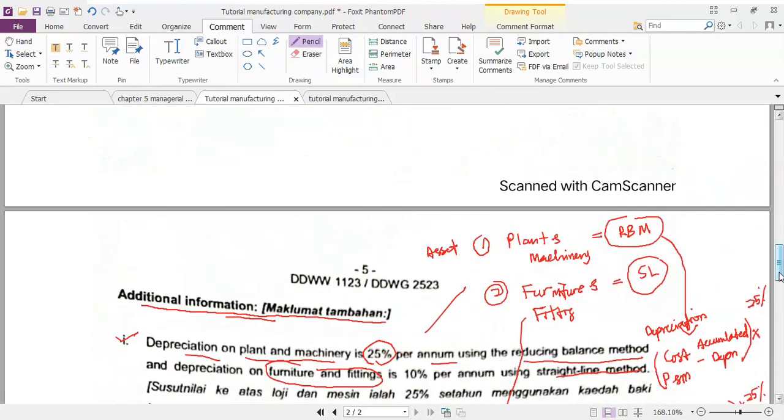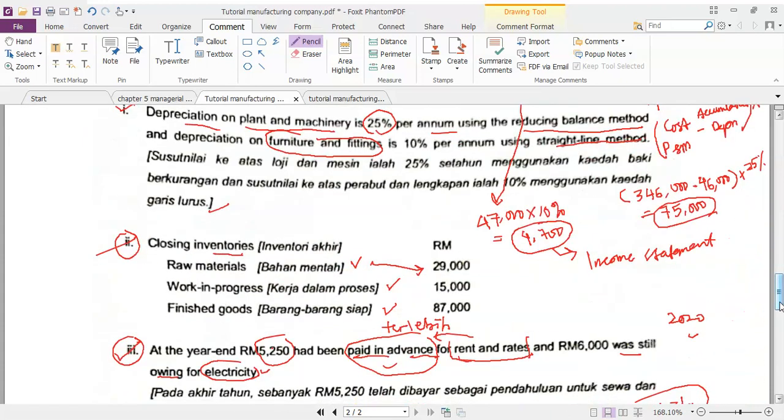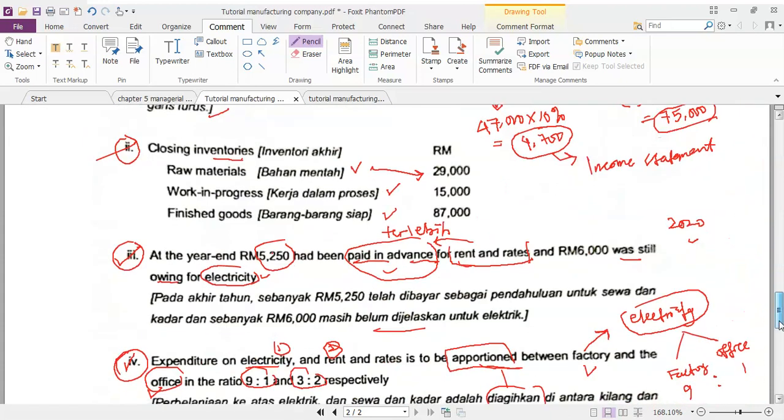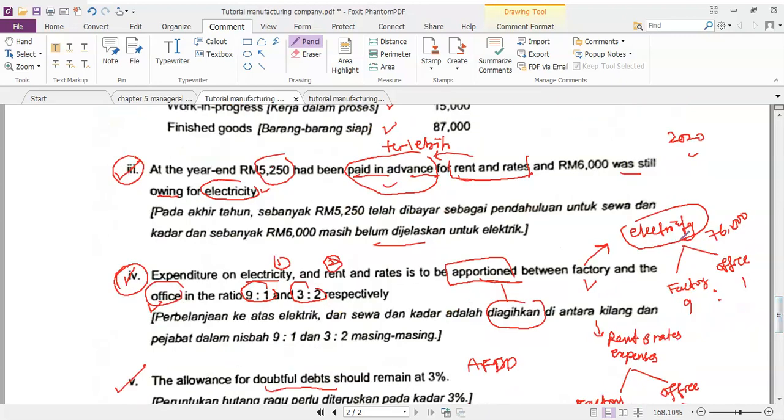So let's distribute between factory and office. So how much that factory will get from the electricity? Electricity cost berapa dapat? And then office berapa dapat? Macam mana kita nak calculate, guys? Kita bahagikanlah.